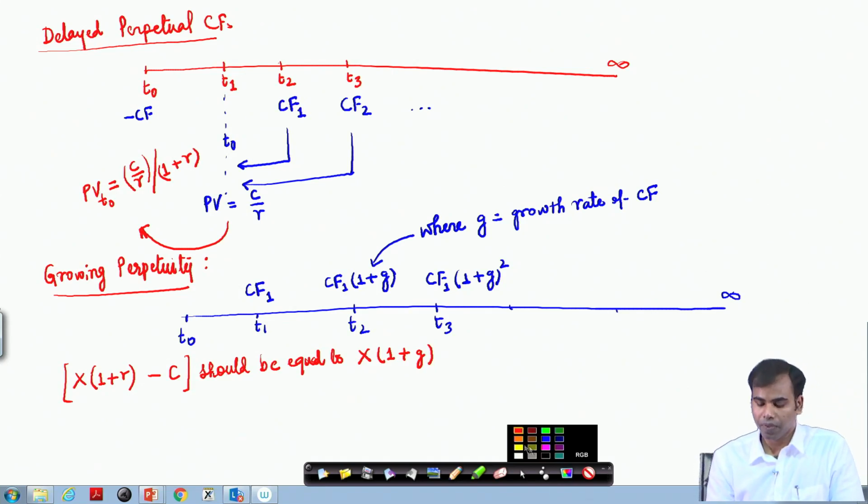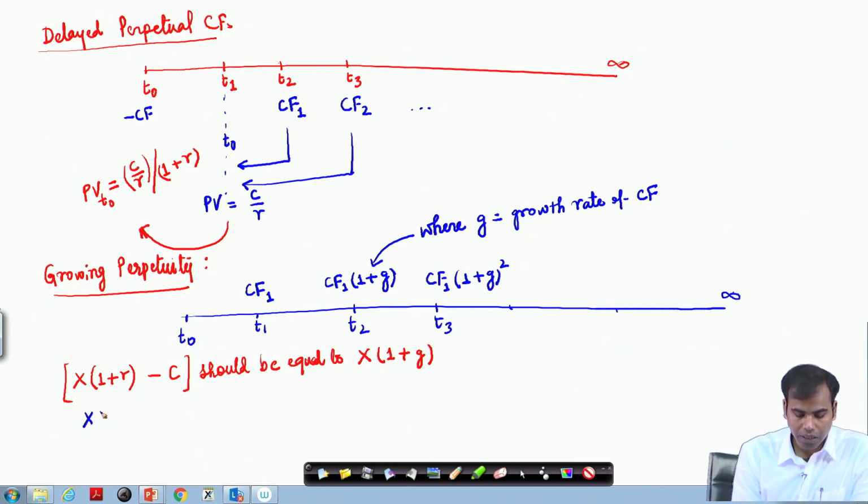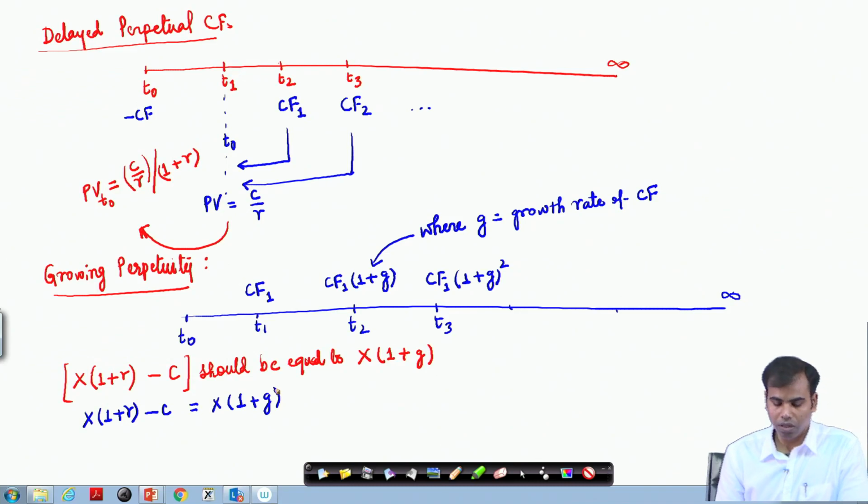So, essentially when we try to simplify this function, it will be x into 1 plus r minus c, which is your cash flow, is equal to x into 1 plus g, which is basically the growth in cash flows.